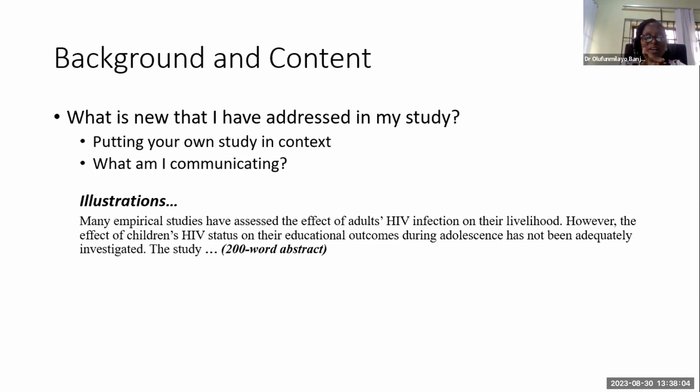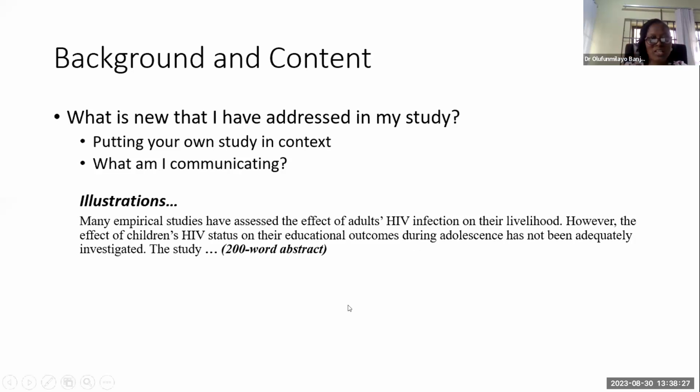And please don't forget that the background and the objectives, in most studies, you have the two in a statement, usually together. I'm going to quickly run through these illustrations, and you will see different studies based on the number of required words.